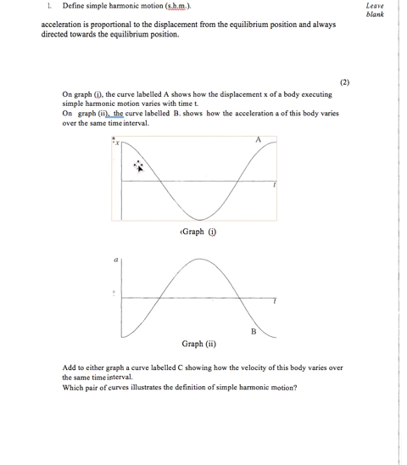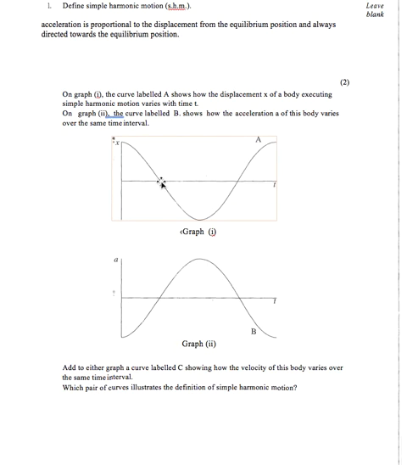So here we have time equal to 0, x is a maximum positive. So at time t equal to 0, the velocity is going to be 0 because the object has got to its maximum displacement and it stops there. So v will be 0. Immediately after that, it's going to be moving down, so the velocity is going to be negative. So what we're going to have is a minus sine curve.